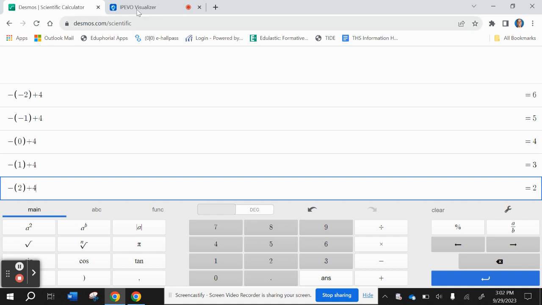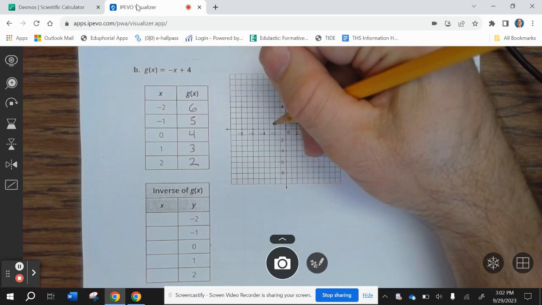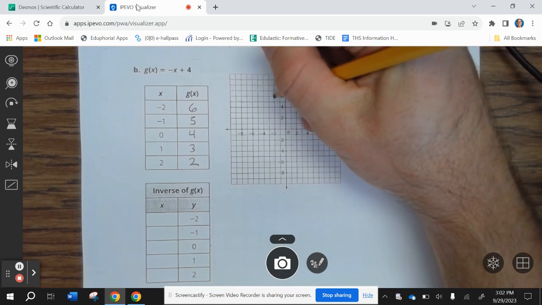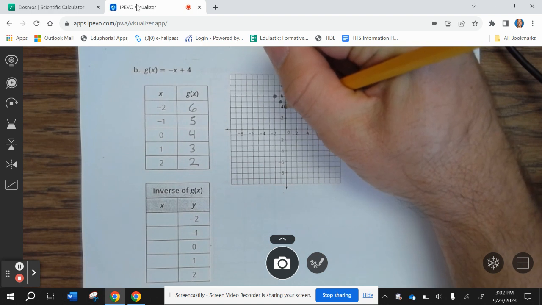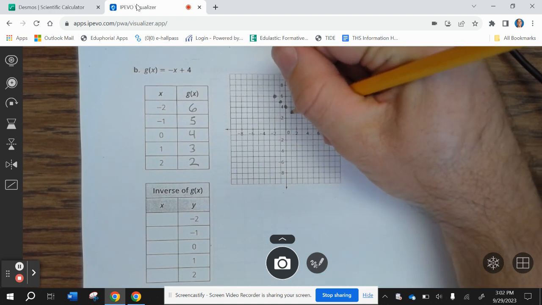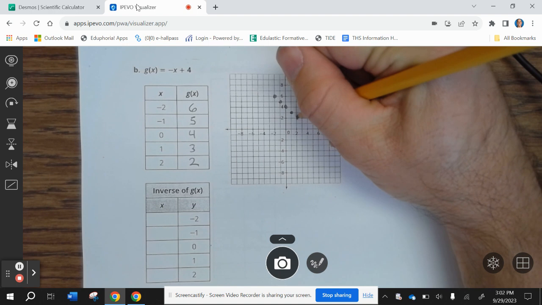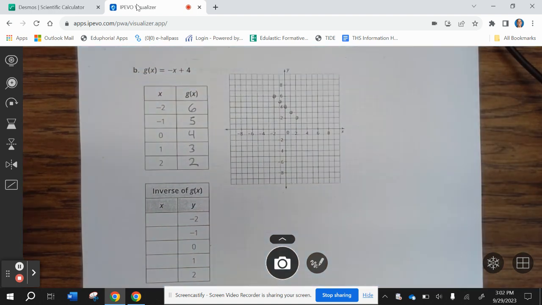Okay, so now let's graph those points. So (-2, 6), (-1, 5), (0, 4), (1, 3), (2, 2). And let's graph that in pink.